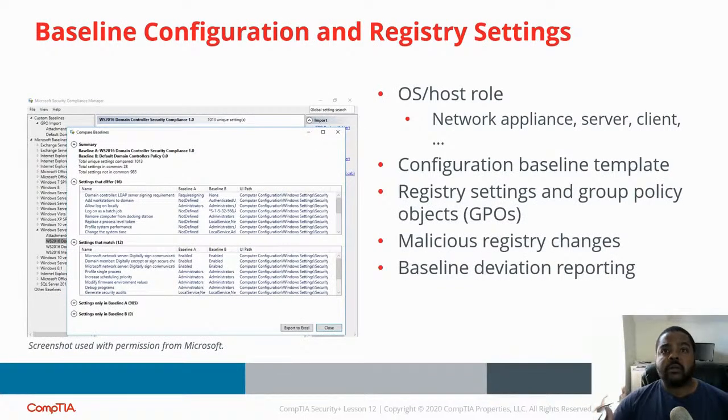Now, to go into different types of software and different configuration factors for that hardening process, there is having a baseline of configurations, and also the registry too. We can use software that keeps a baseline of applications on our network.